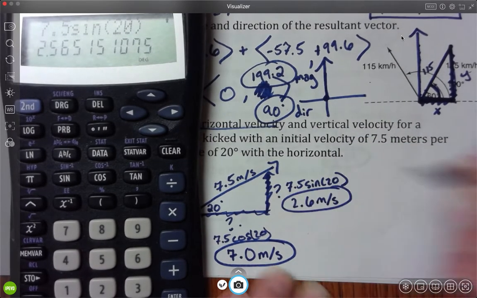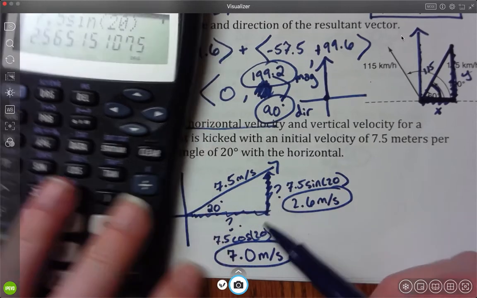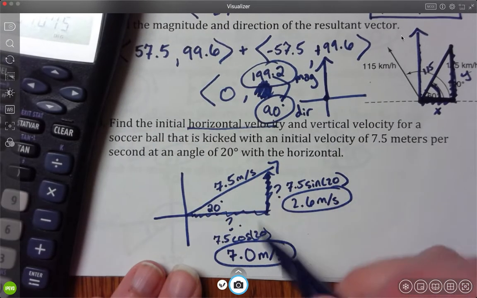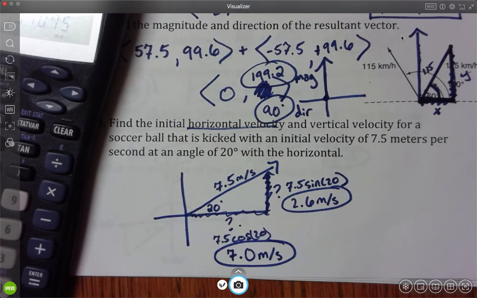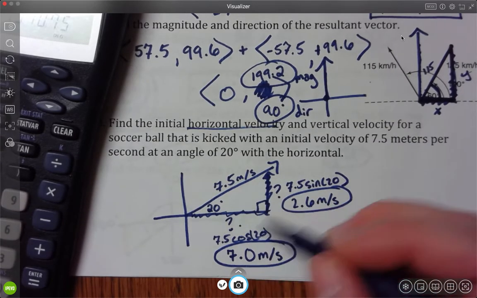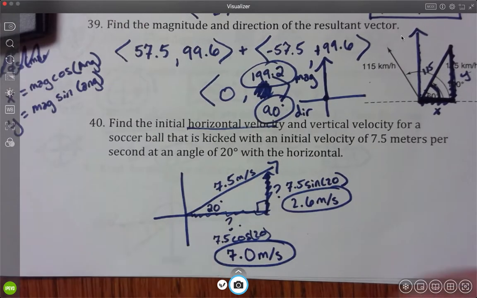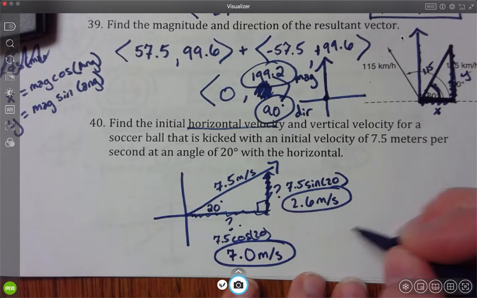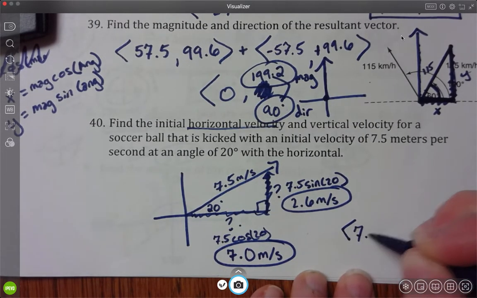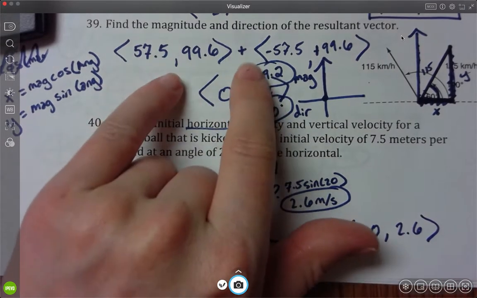Okay, so that's how those are changed. When those are combined together, I guess you could have used the Pythagorean theorem to figure out the third one if you wanted to, but those combined together will give me a 7.5 meters per second at that angle, okay? So in component form, I would write that as 7.0 comma 2.6, which is kind of what we did up here, and we added those together, okay?